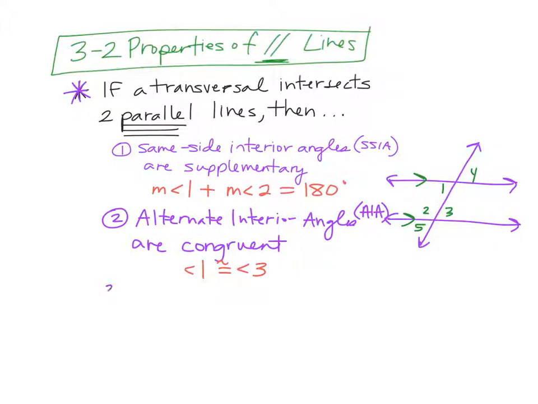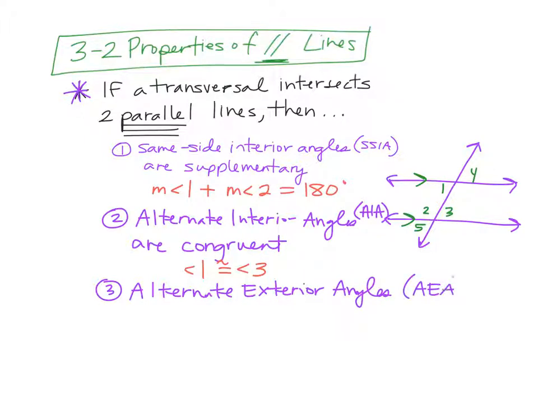Third one says that if the lines are parallel, then alternate exterior angles, or if you're abbreviating, AEA. What do you suppose alternate exteriors are? Look at the picture. What are your alternate exteriors? 4 and 5.